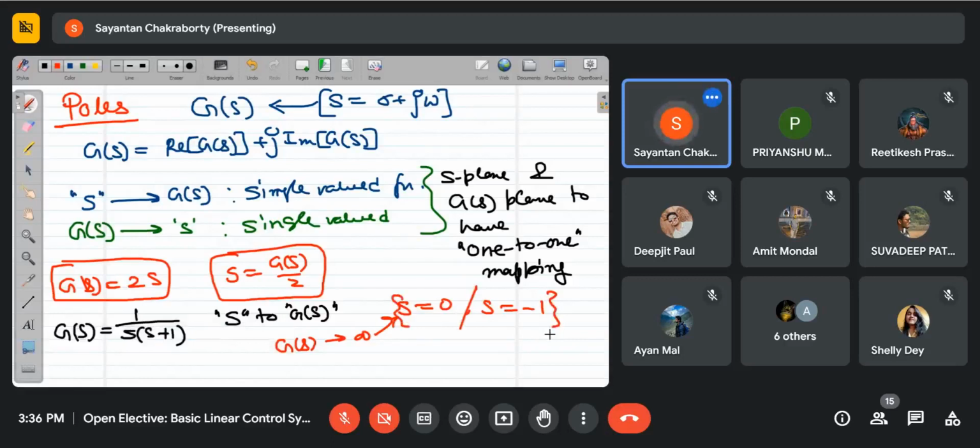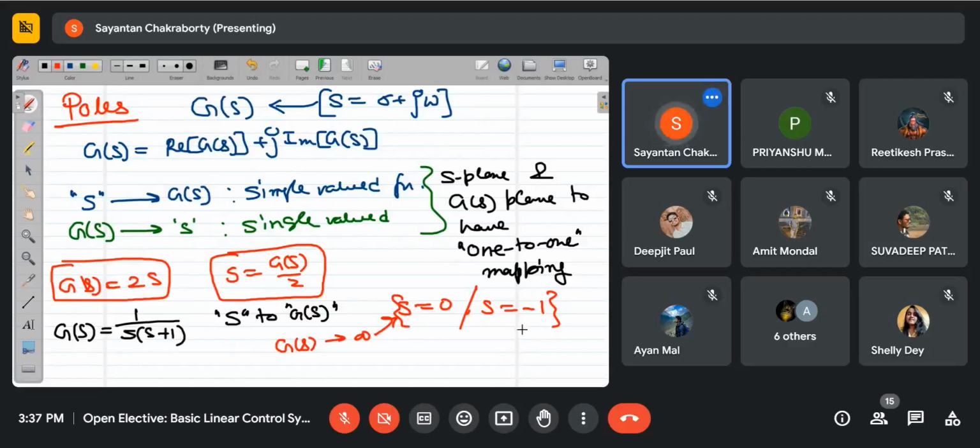So G(s) tending to infinity will be mapped onto two points in the s plane, s equal to 0 and s equal to -1. So at these two points, G(s) and s are not following the rules of one-to-one mapping. And these points are called the singularities or the poles of the system.